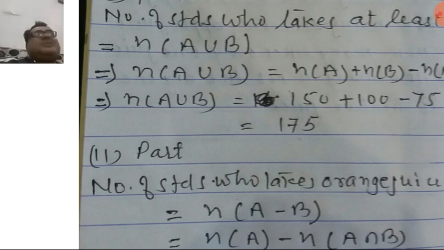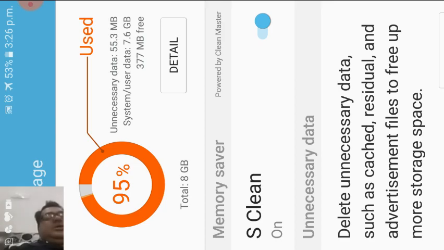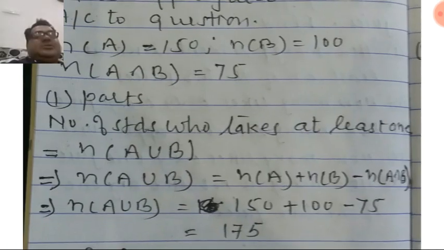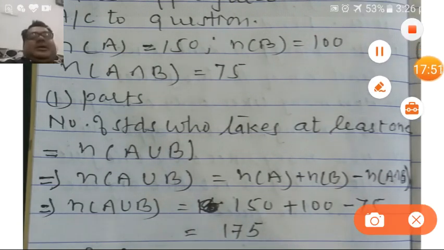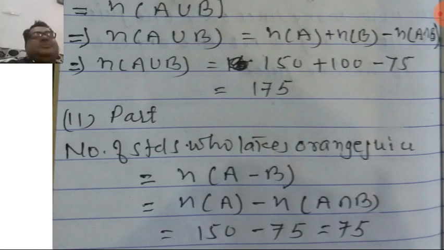A minus B is the set of those elements which are in A but not in B. So A minus B can also be asked as: find only A. Here you are asked to find the cardinal number of those students who like only orange juice, that is, the cardinal number of A minus B.